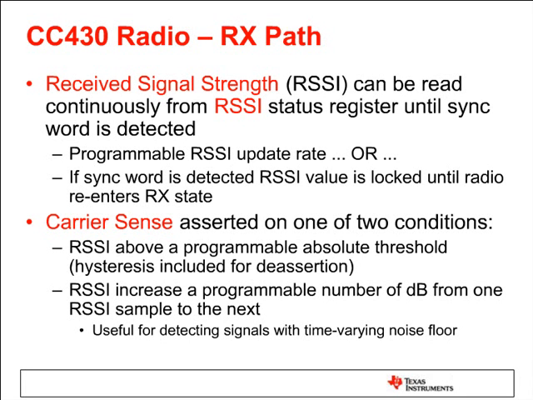Which makes sense, but it's cool because it automatically goes from idle mode. The radio will automatically go from idle mode into receive mode, and it'll check either that the RSSI is above a programmable threshold or that it's increased a programmable number of decibels. And it'll check: if I've crossed this threshold and someone's talking on the line, I don't move on to transmit mode.